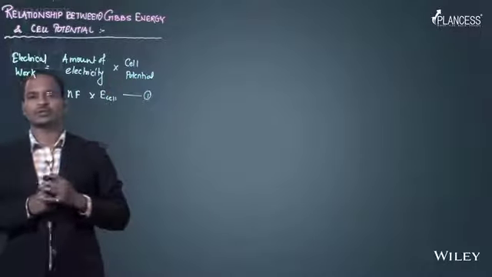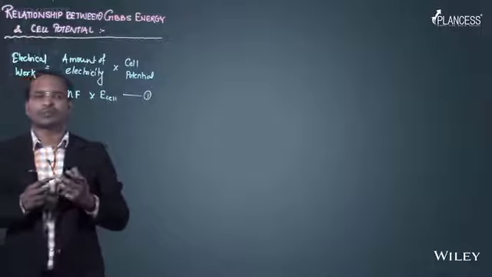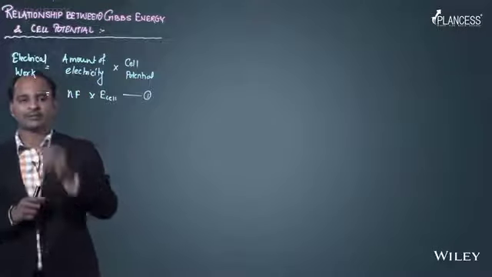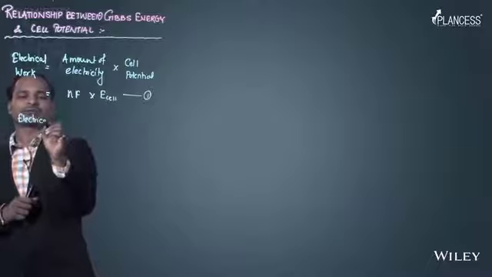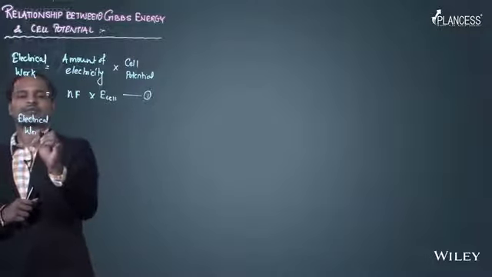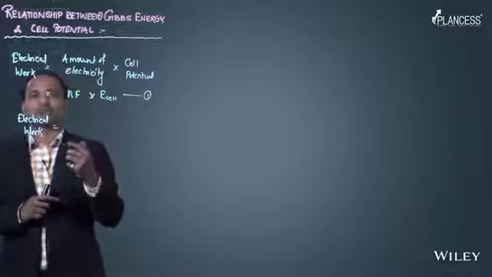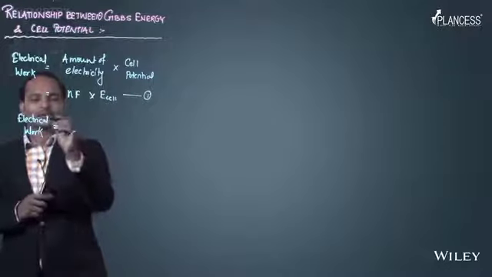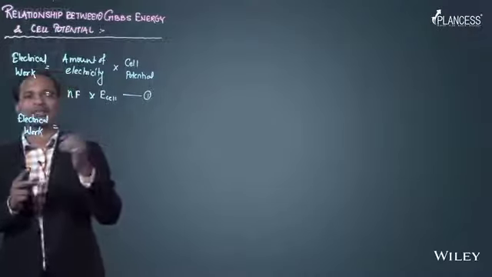But according to the thermodynamic concept, work is the mode by which the system and surroundings exchange their energy. So if the galvanic cell is working, it is losing some energy, and the electrical work done is always equal to the decrease in Gibbs energy.